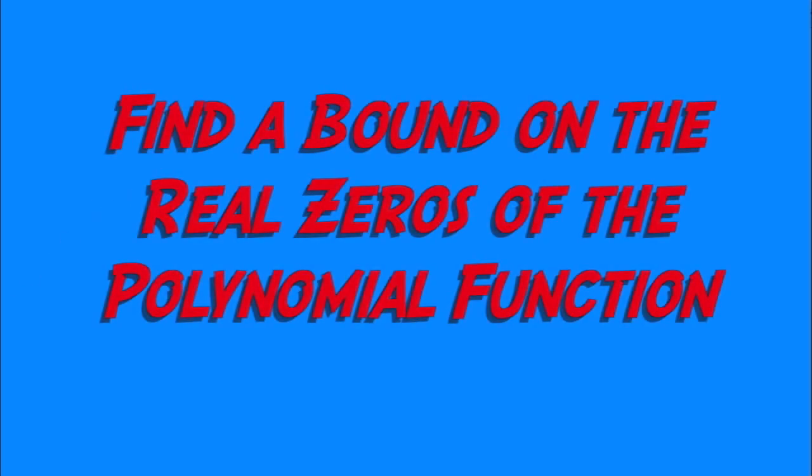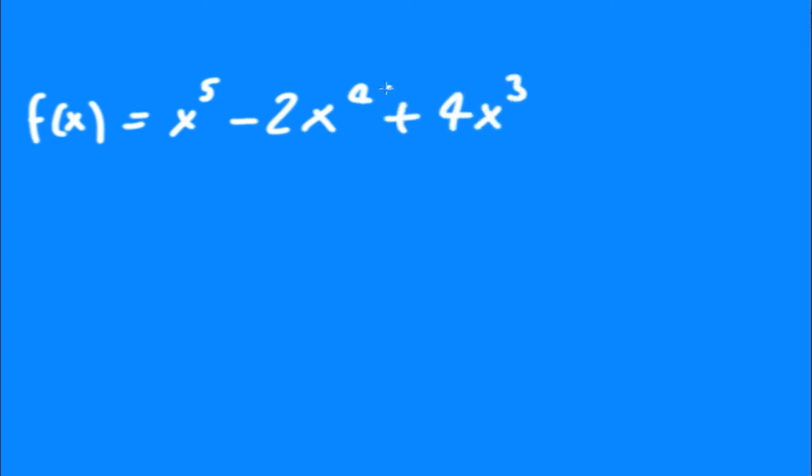Find a bound on the real zeros of the polynomial function. So bounds. Let's find the bound of f of x equals x to the fifth minus 2x to the fourth plus 4x cubed plus 7x squared plus x minus 2.